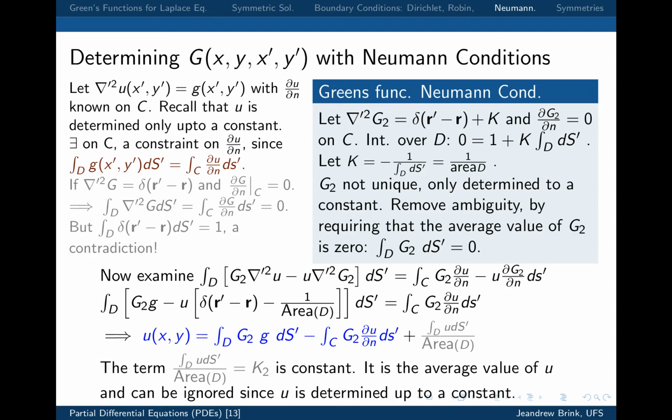Especially with the heat equation, you have a Green's function that behaves like a point heat source. Here, the Green's function behaves like a point charge source. So it captures something intrinsic about the solutions.